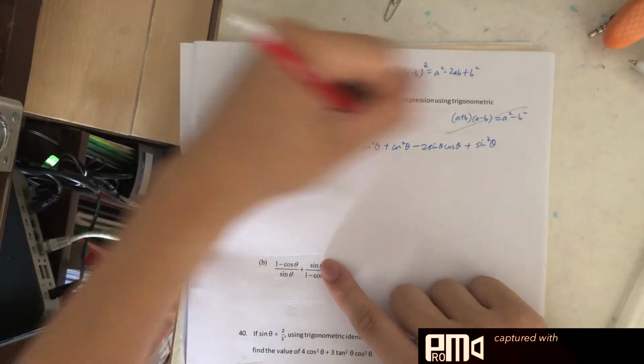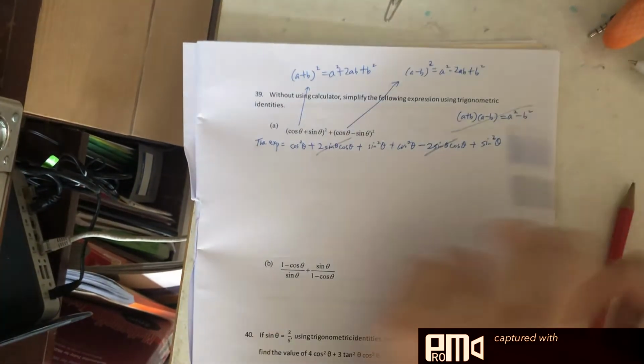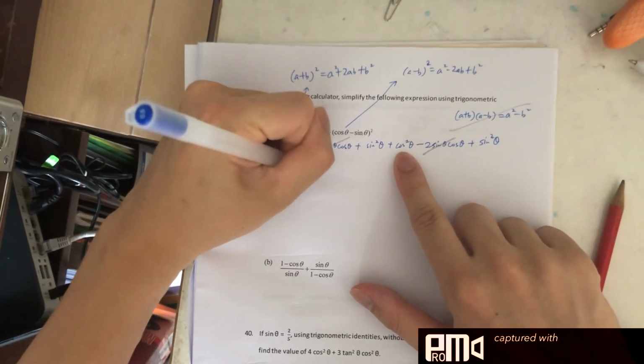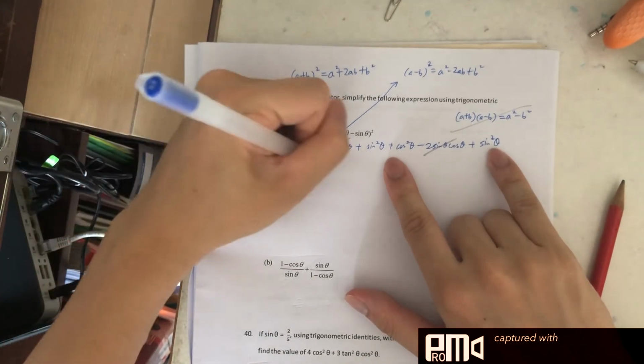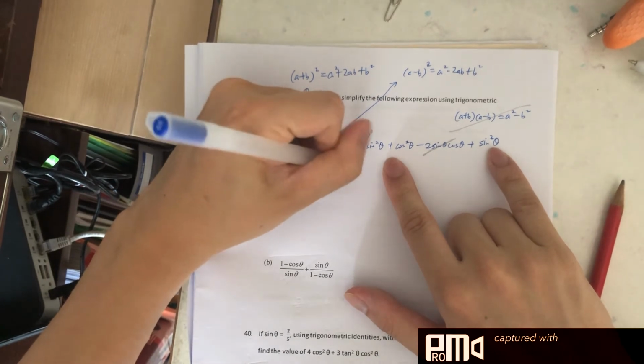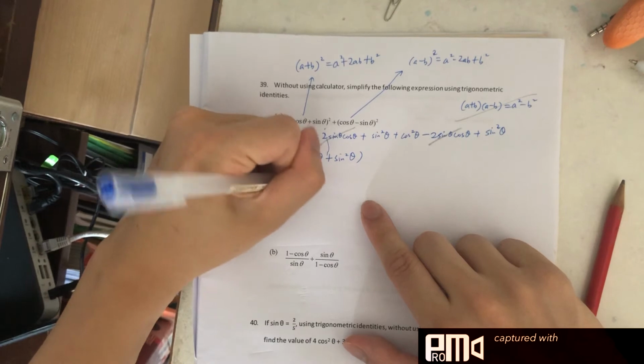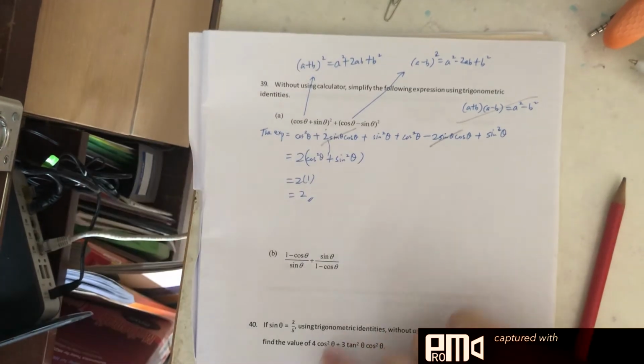Then cross out the same terms, plus and minus, so you have 2 sine square theta plus 2 cosine square theta, and then you can take out a 2. This plus this is 1, so it's 2 times 1, which equals 2.